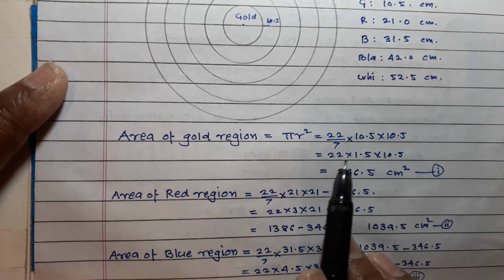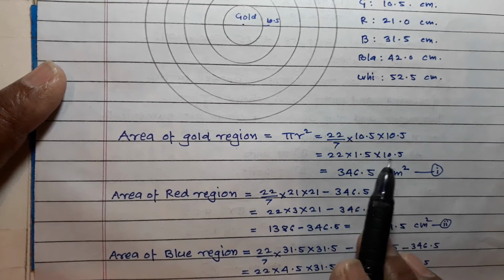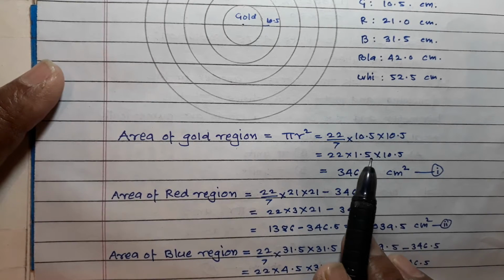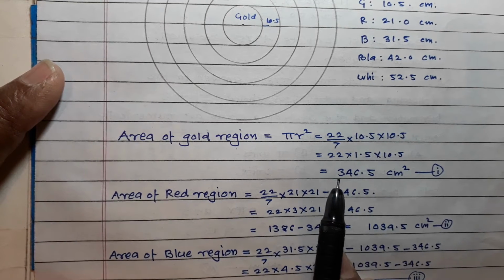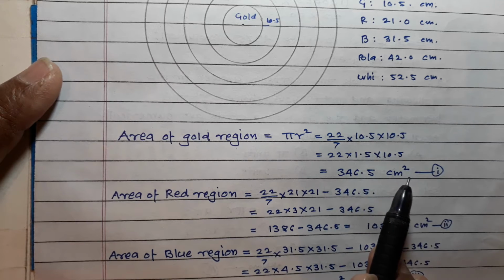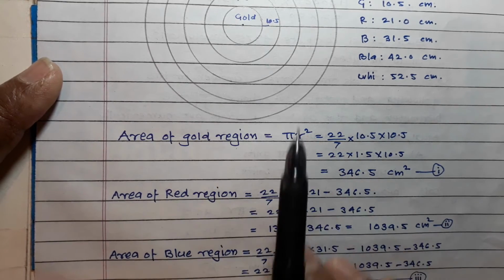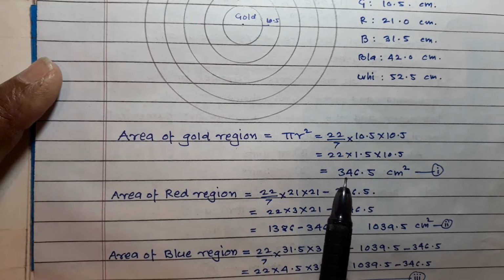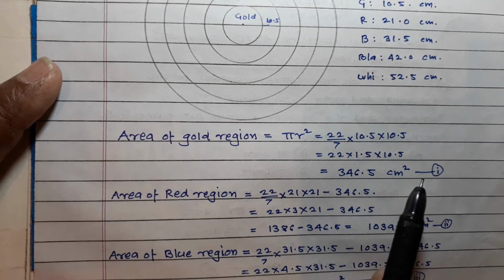Simplify this, 22 into 1.5 into 10.5. If you simplify this, you will get 346.5 centimeter square. So area of gold region is equal to 346.5 centimeter square.